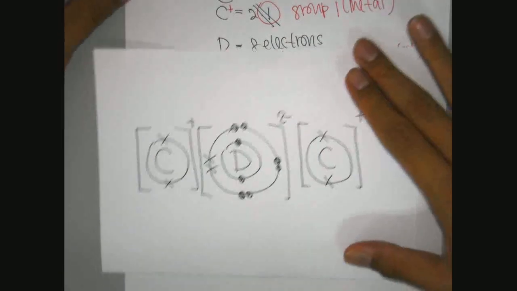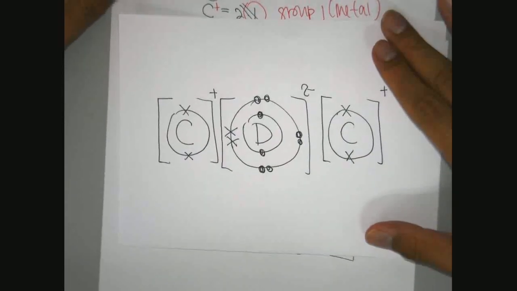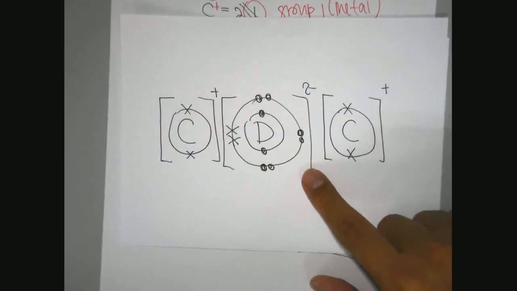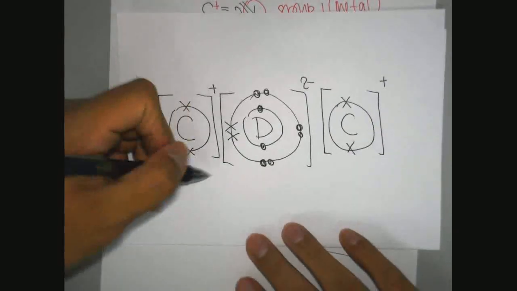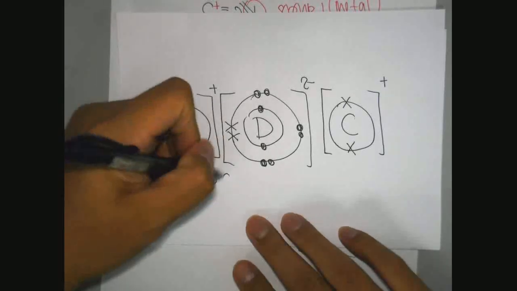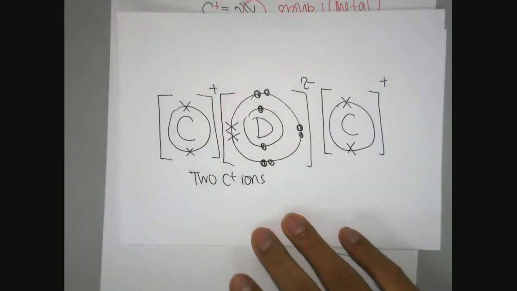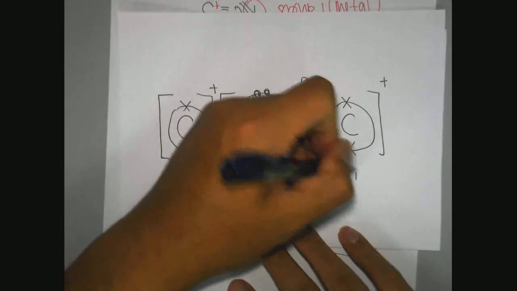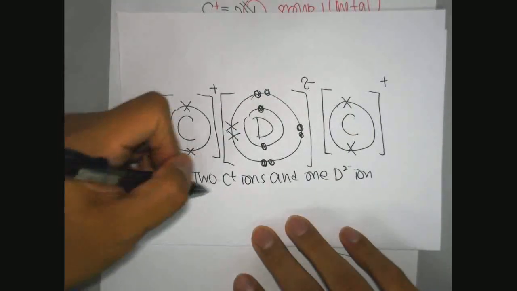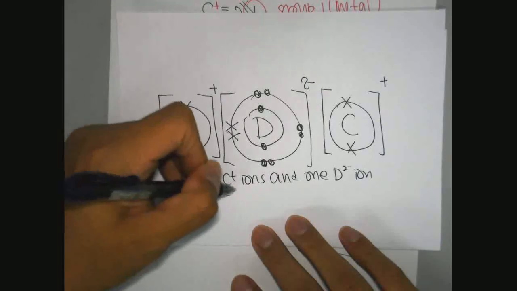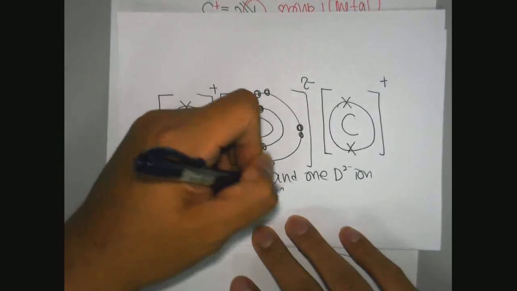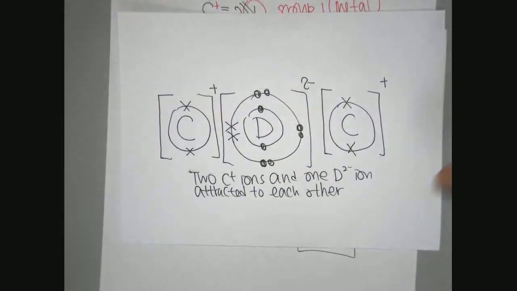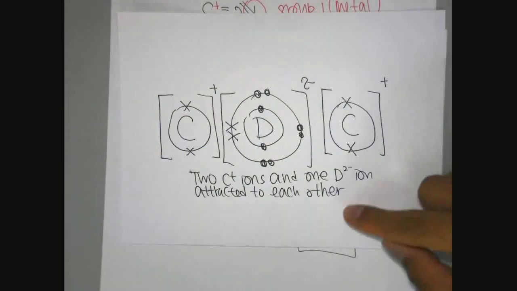As you can see in this diagram, we can clearly see that there are 2 C ions and 1 D2 minus ion. So we must write this: 2 C plus ions and also 1 D2 minus ion. They are attracted to each other. So what is the force that attracts them?